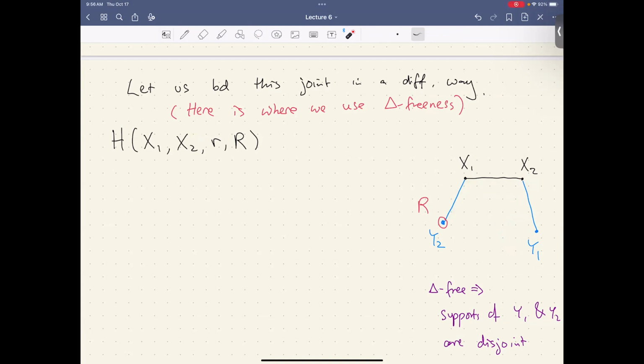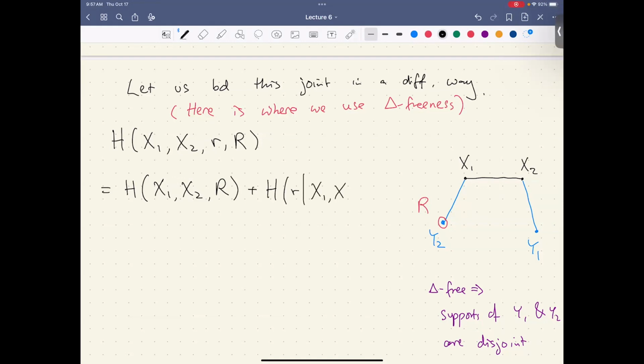And how are we going to use that? Well, if we use the chain rule to expand this in this way, it equals H of (X1, X2, R) plus H of little r given X1, X2, R. So let me first finish this proof.